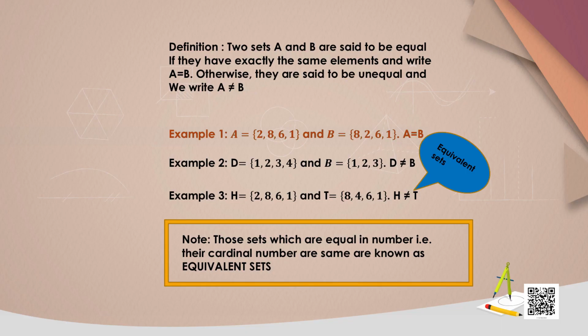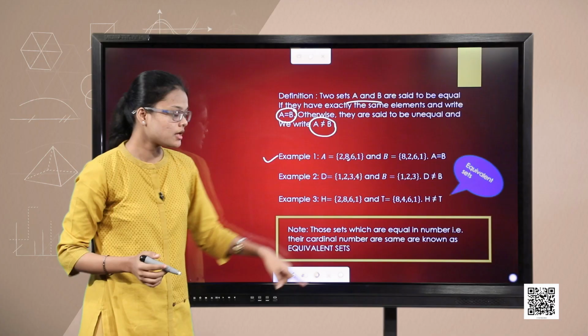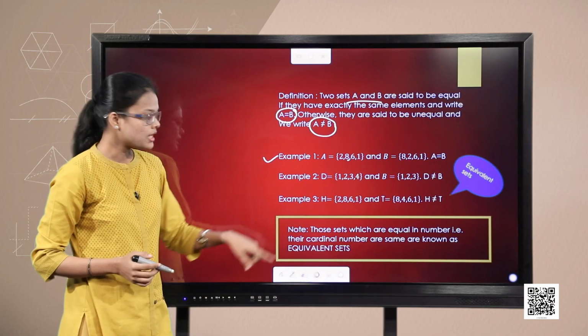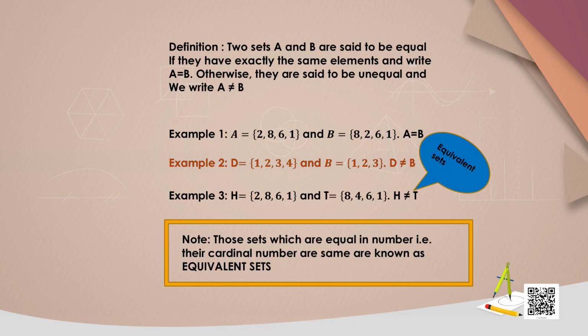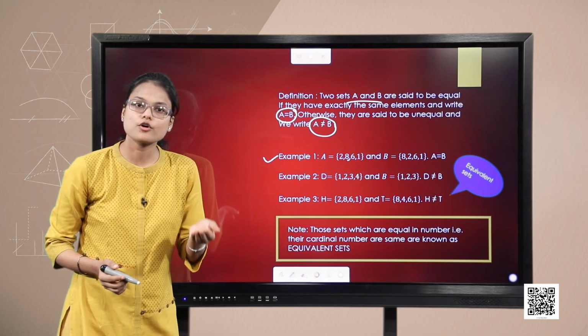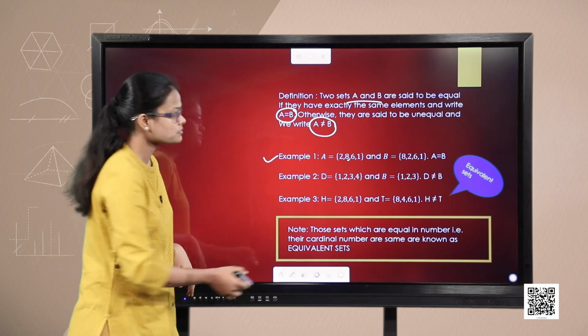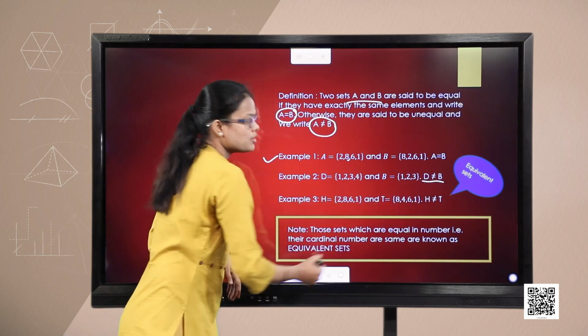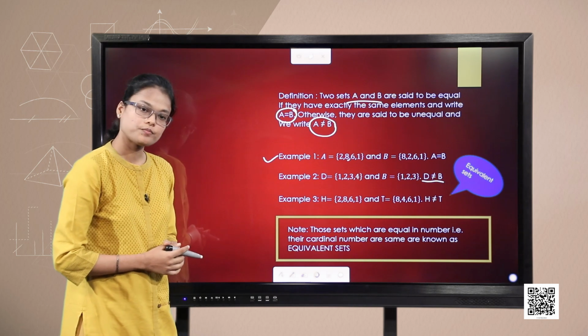You may notice the order is different, but in a set order does not matter, that is why A is equal to B. Now example number 2, D consists of 4 elements 1, 2, 3 and 4. B consists of 3 elements. So, from here itself we can see both have different numbers of elements. So, B is not equal to D.